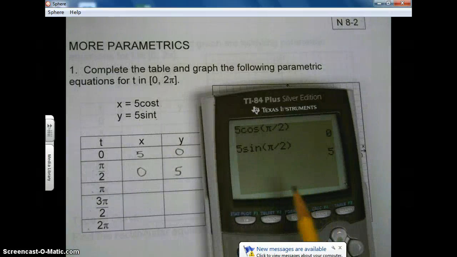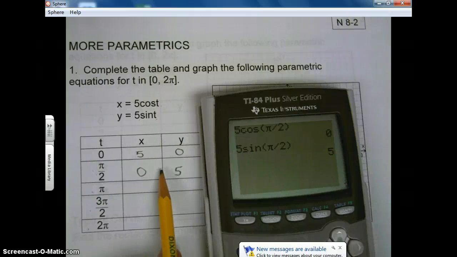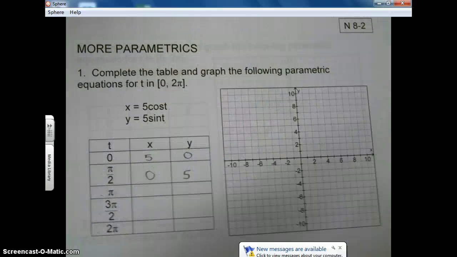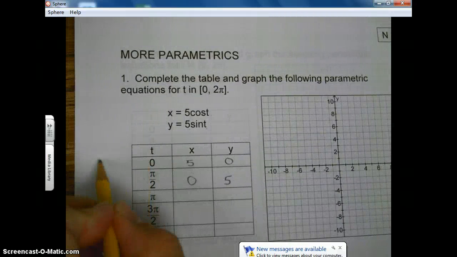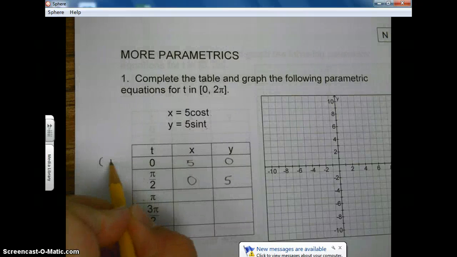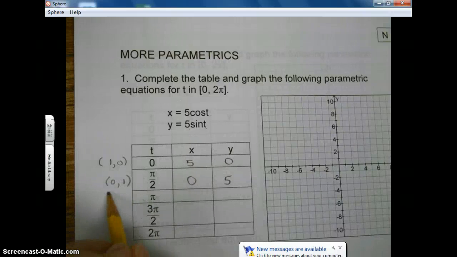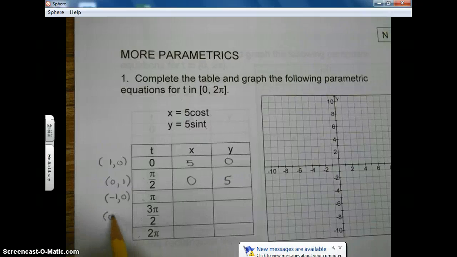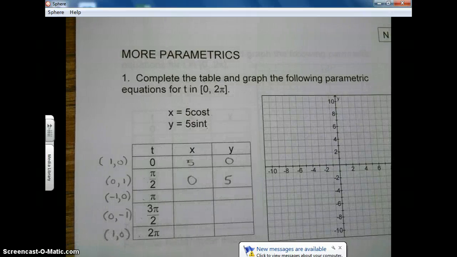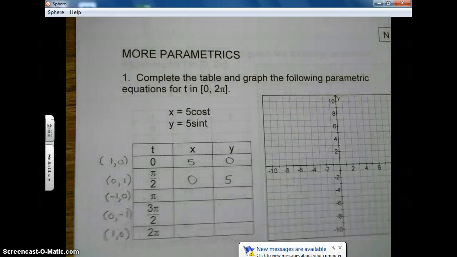If you don't have a graphing calculator, you can use your unit circle to get these answers. Hopefully, you can think to yourself the coordinates at each of these radians: 1, 0; 0, 1; negative 1, 0; 0, negative 1; and then back to 1, 0 again. You should have those memorized.